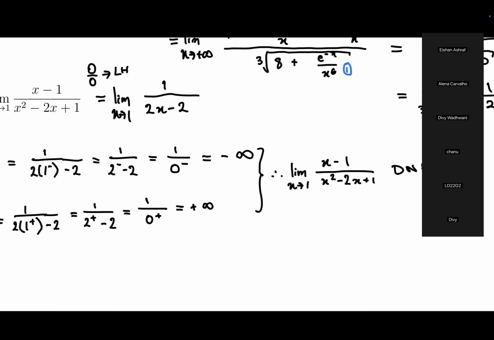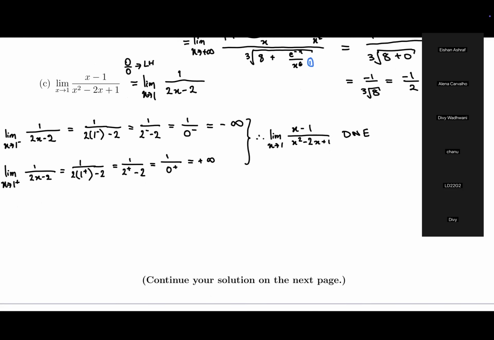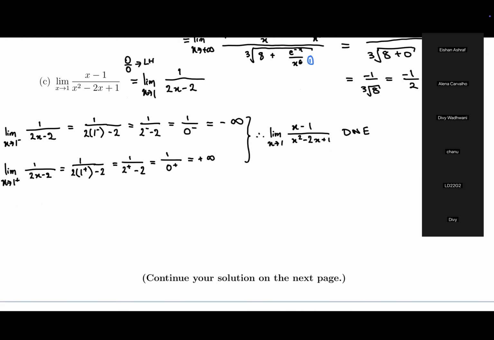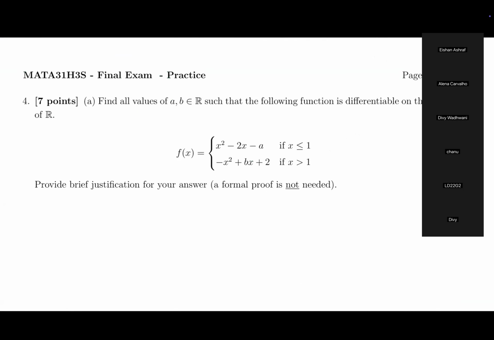The idea here was that we broke down the original limit into an easier limit to work with, and then checked whether its right and left-hand sides were equal. Because they were not equal, the limit doesn't exist. That's question 3C. Are there any questions? If not, I'll move on to question 4.